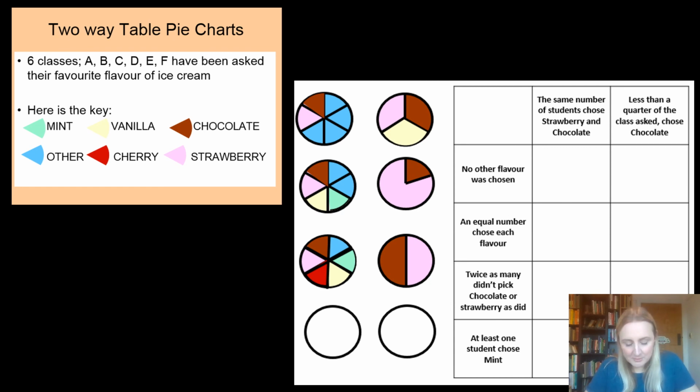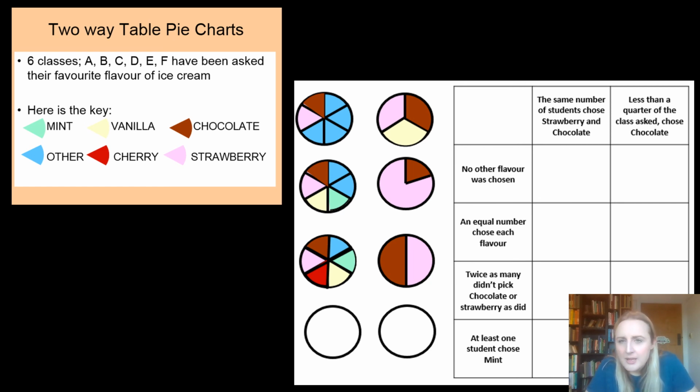Finally, I want to show you some resources from Miss Constantine. Her blog is absolutely fantastic and full of really good tasks, and Maths HKO is the name of her blog. She's created some really lovely activities. If you have a look at this one, it's a two-way table where you're trying to fit each pie chart into the right slot.